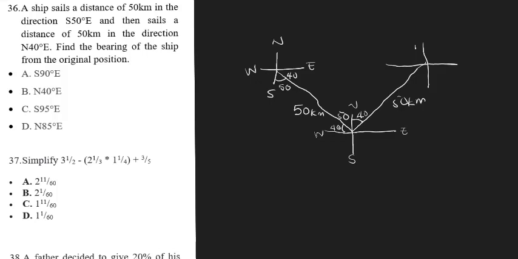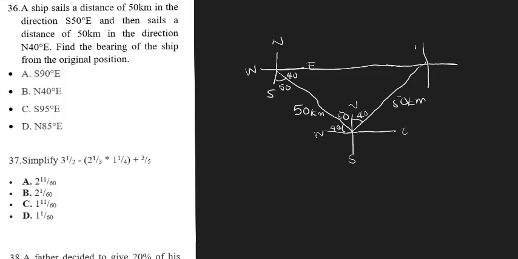Good. Then the question says we should find the bearing of the ship from the original position. This is the original position, and this is where the ship is now. So what is the bearing? Draw a line. If you draw this line, what do you think will be the answer?